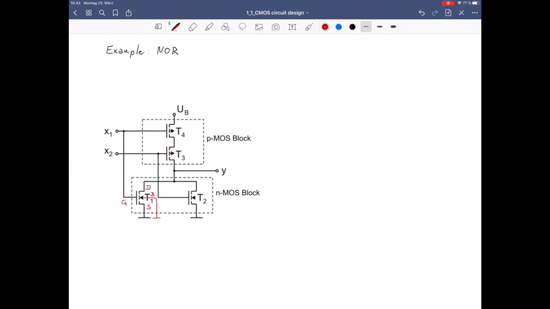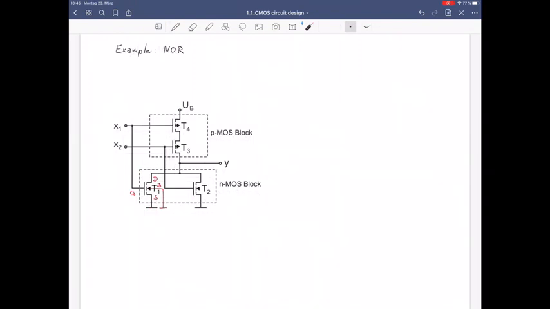In this particular circuit, I left the bulk contacts out for the sake of simplicity, but you should note that for a real circuit, you always have to contact the bulk contacts to ground for the NMOS transistors and to the supply voltage for the PMOS transistors.